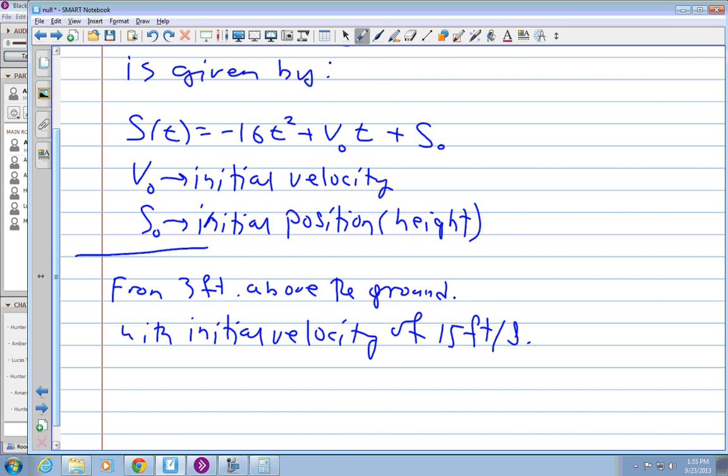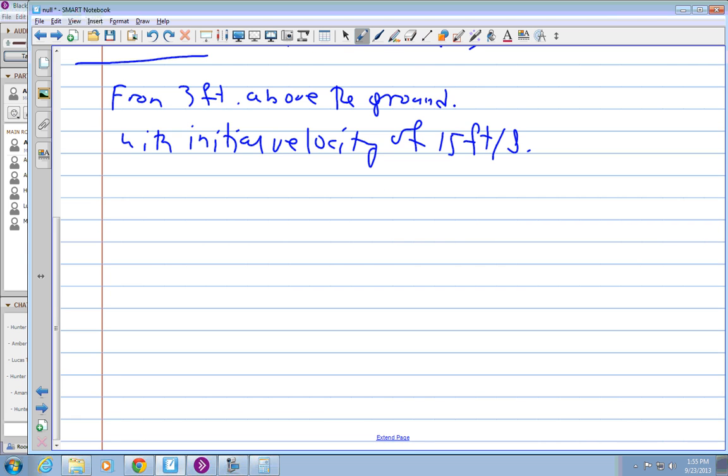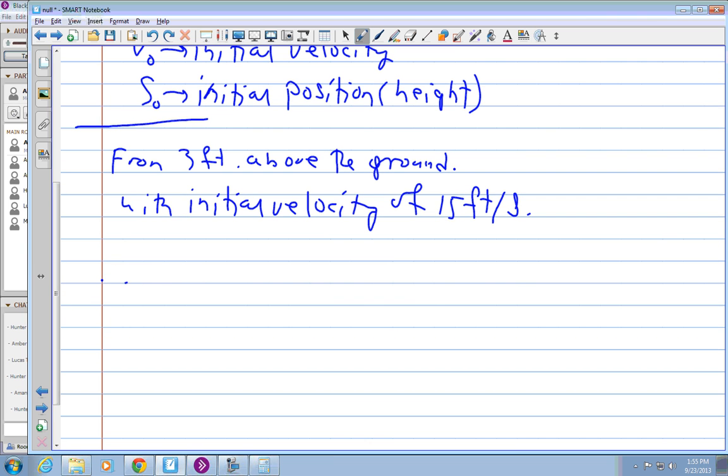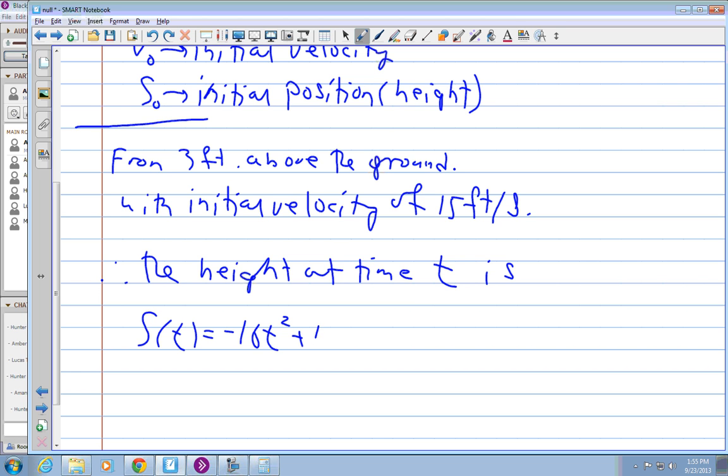All right. So therefore, right away, the height at time t is this. S of t equals negative 16t squared plus 15t plus 3. So 15 is my initial velocity, 3 is my initial height. You do not have to memorize this formula.